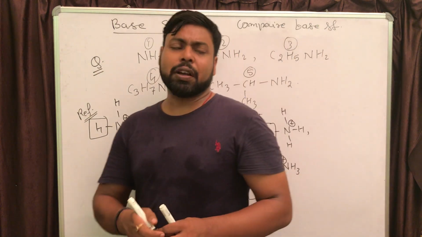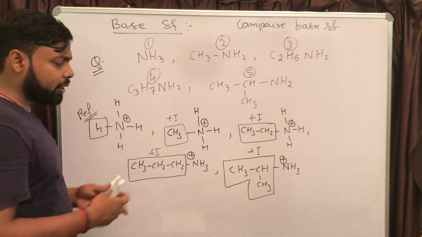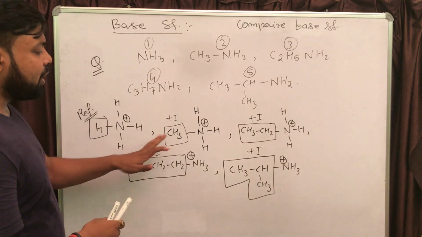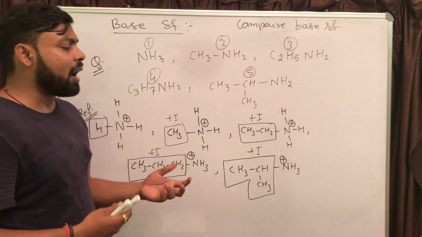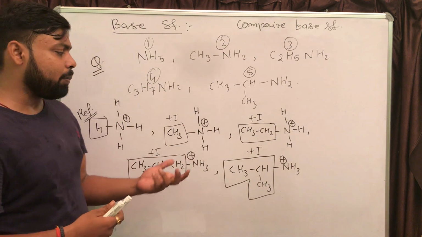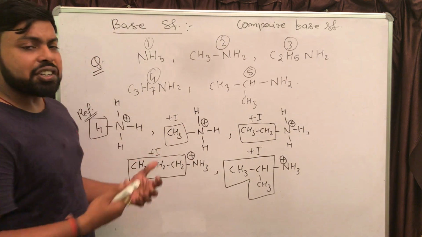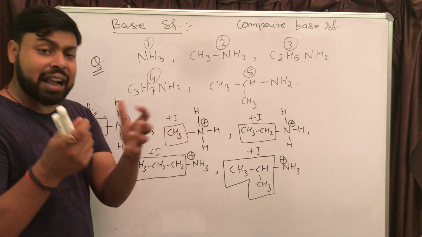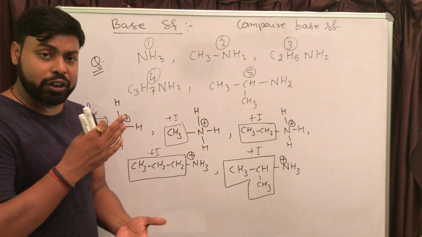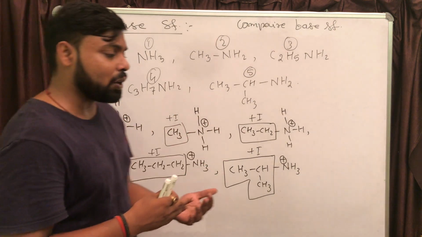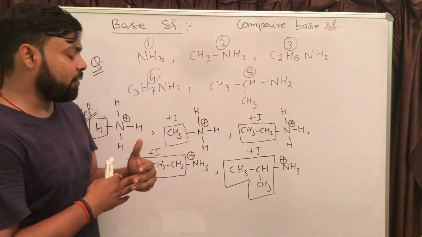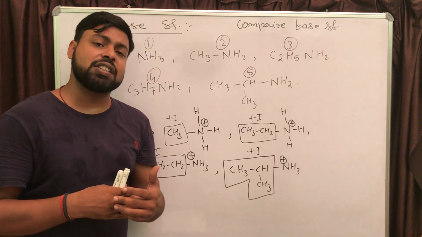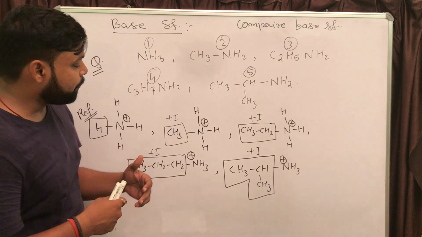So if we compare the stability of these positive charges, if there is an electron donating group attached with the nitrogen and nitrogen is carrying positive charge, by the donation of electrons, definitely the magnitude of positive charge is going to decrease. And our statement was, to decide the stability of ions, lesser is the magnitude of charge, more is the stability, right?